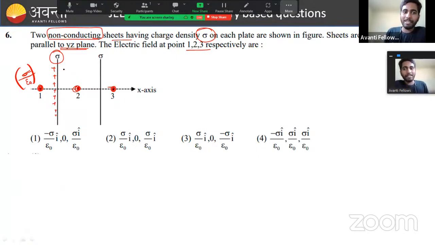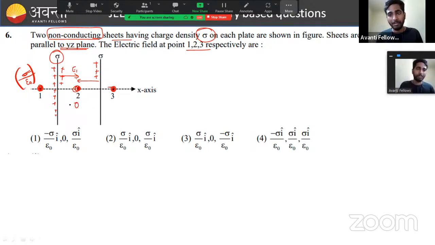Clear? And then inside the charges, at this point the electric field will go this way, call it E1, and here also positive charges exist, so the electric field will be in this direction. Due to these two electric fields, same magnitude but opposite direction, at this point the value of electric field intensity will be 0.